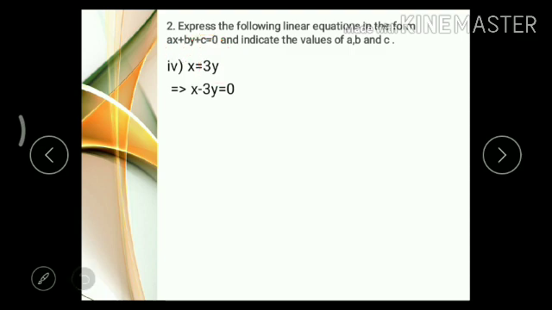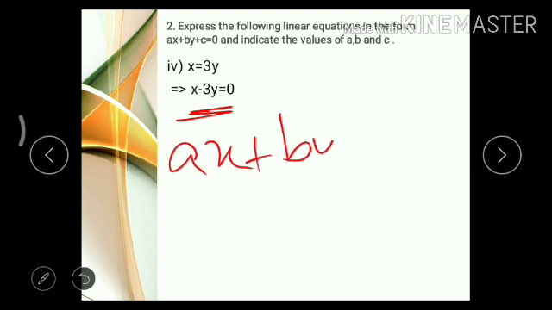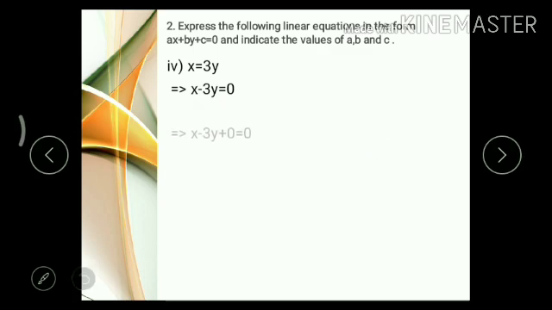Ax plus by plus c. This is ax, this is by, but plus c we don't have. Since we have to compare, we shall modify this as x minus 3y plus 0. Plus 0 we are writing from ourselves.